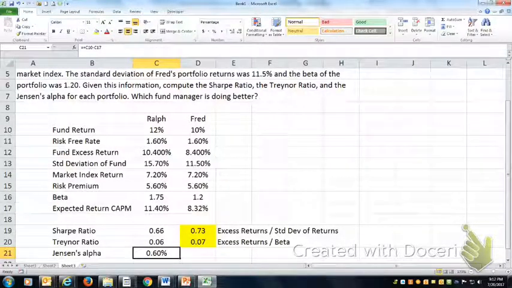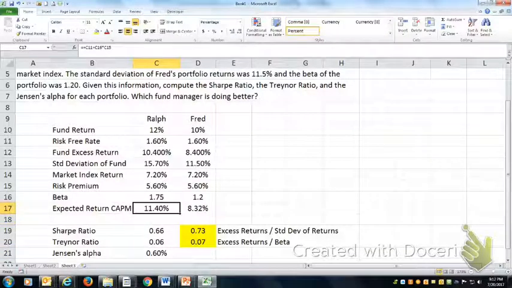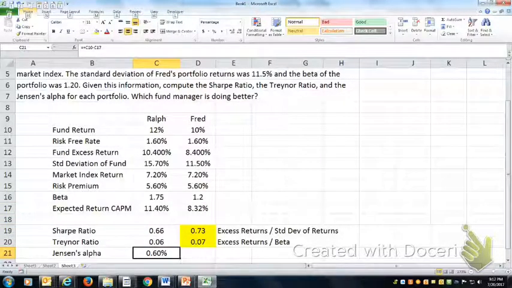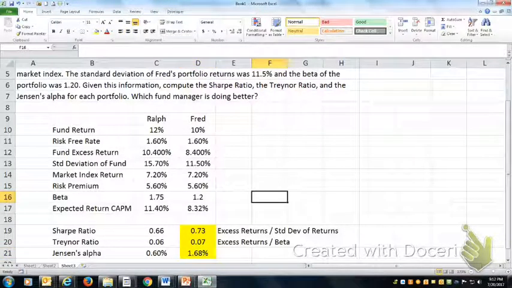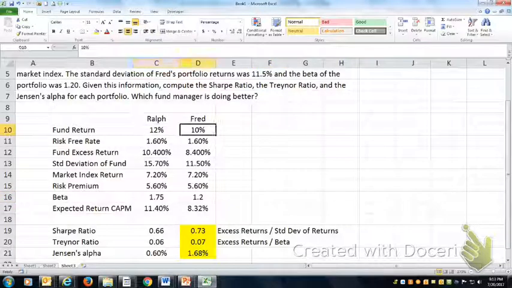And Ralph earned higher than the expected rate of return by 60 basis points, but Fred beat him handily with a 1.6% alpha. All right, so what this is telling us is that Ralph earned a higher rate of return than Fred, but he took a lot more risk to do it. So on a risk-adjusted basis, Fred is better in all of these measures that we use.